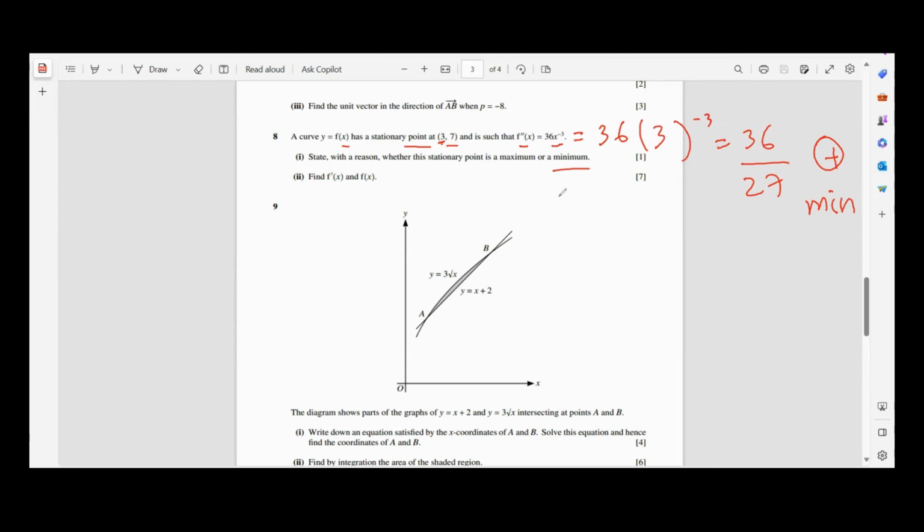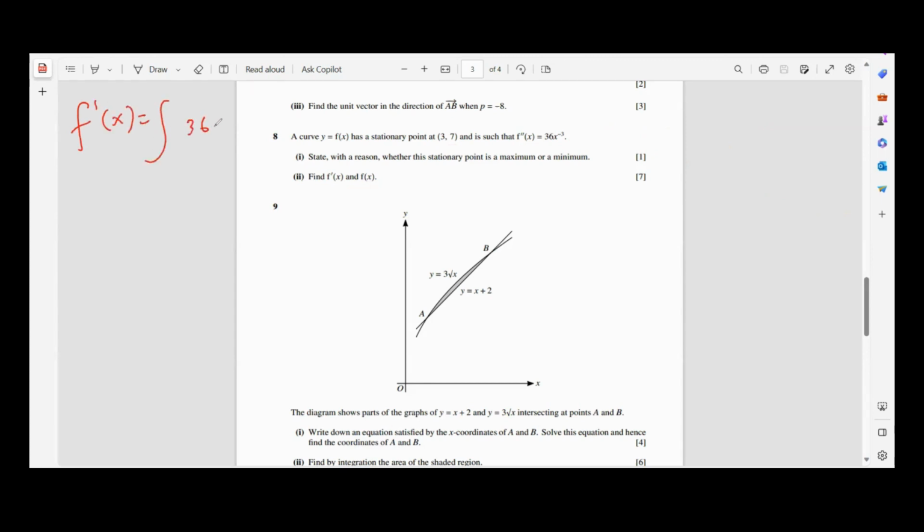Okay, and then we just need to find the first derivative and the original function. So we integrate this to find the first derivative: integrate 36x to the power negative 3 dx. So this will become 36x to the power negative 2 over negative 2, plus c, which is negative 18.